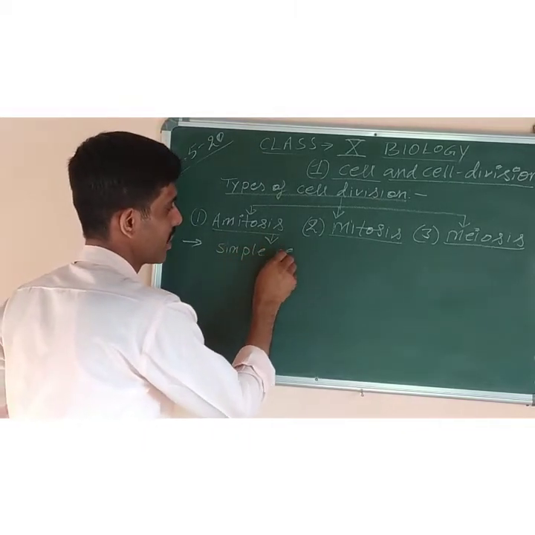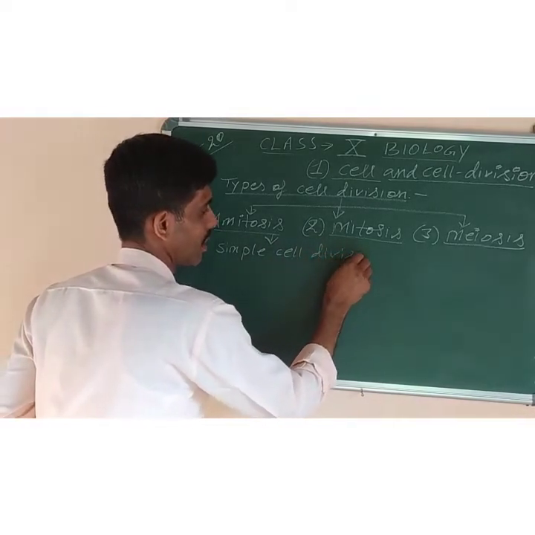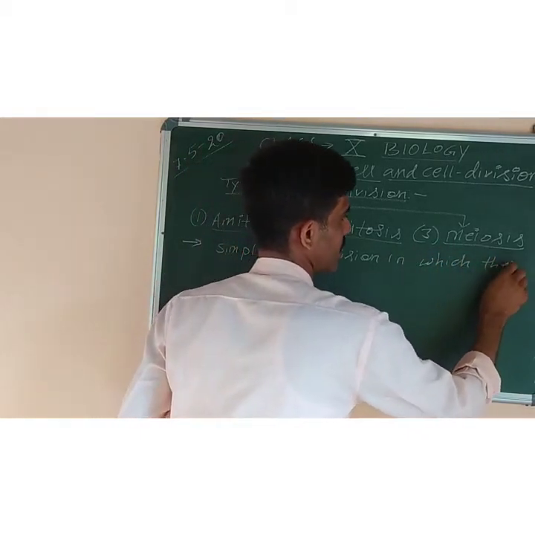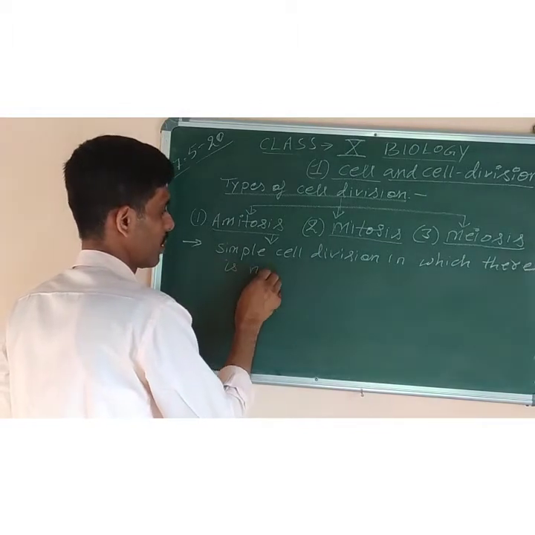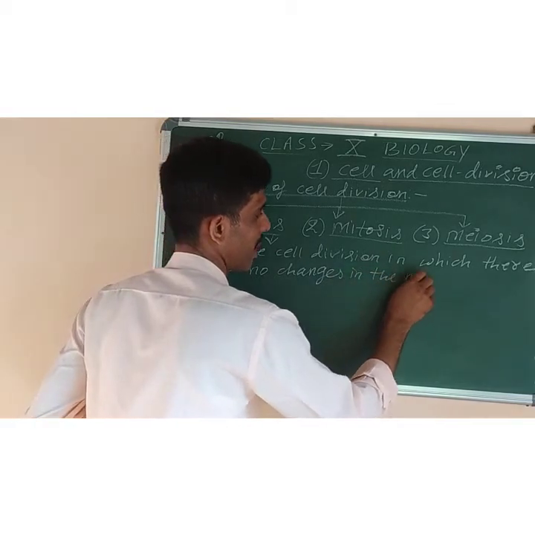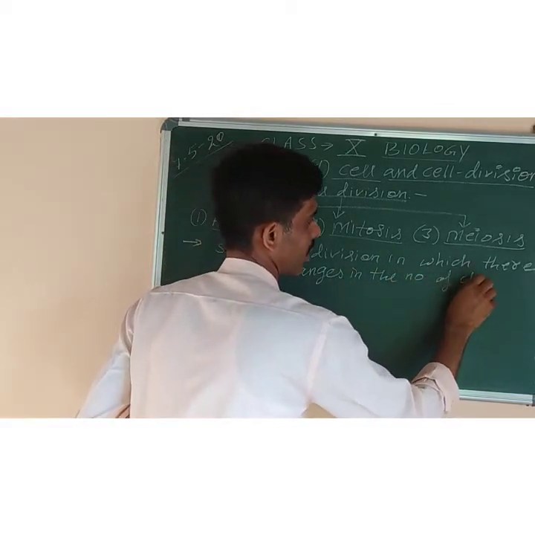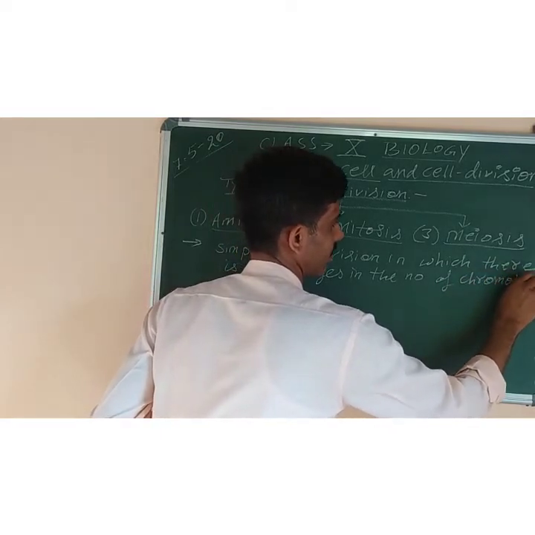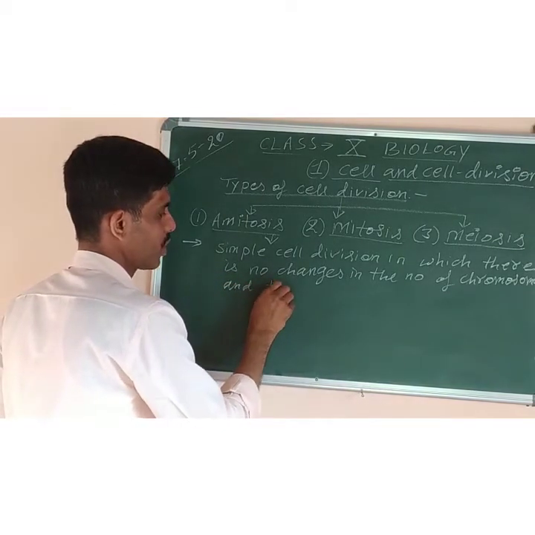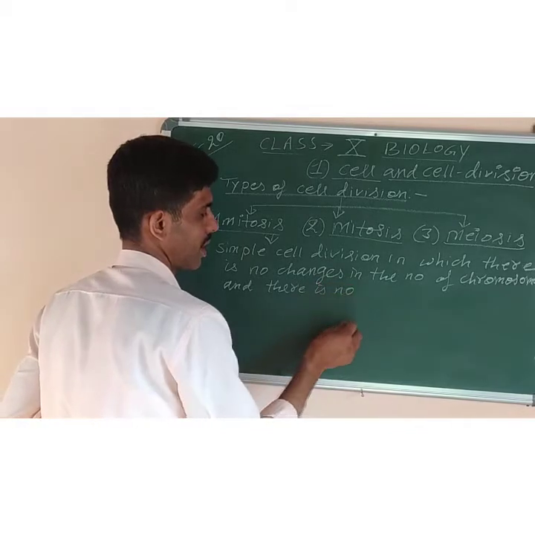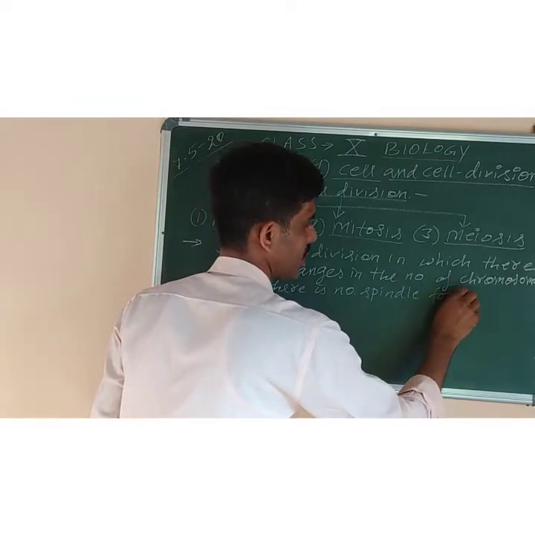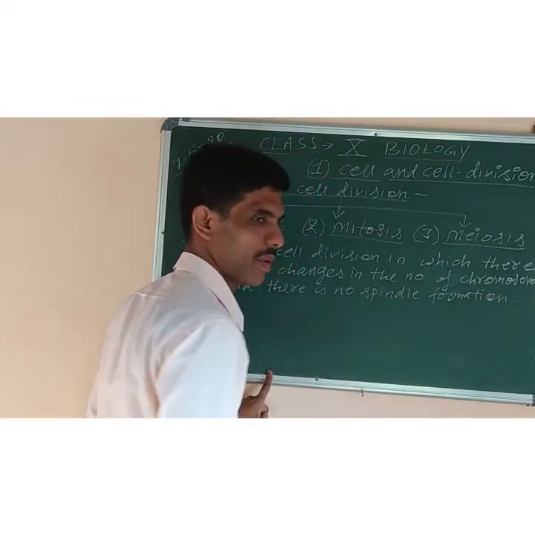It is a simple cell division in which there is no change in the number of chromosomes, and there is no spindle formation. Spindle fibers are also not formed here in this type of simple division.